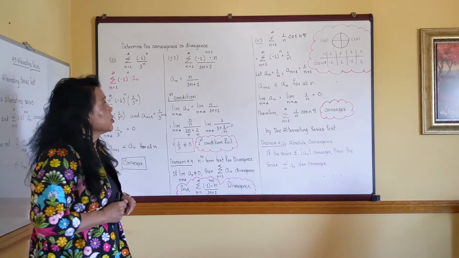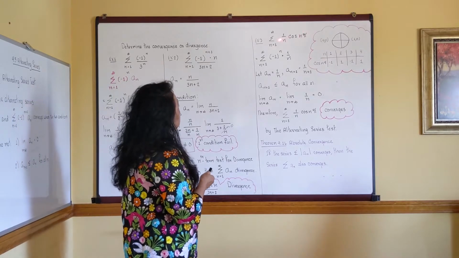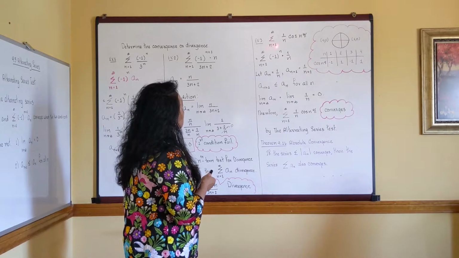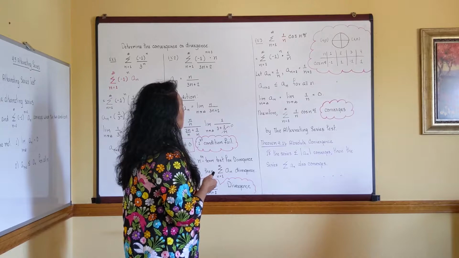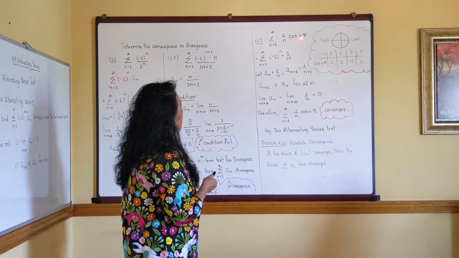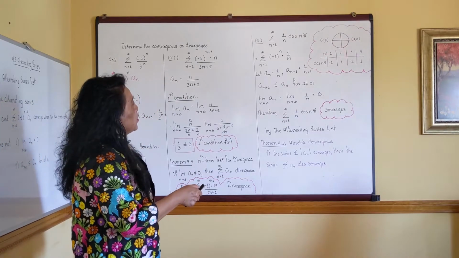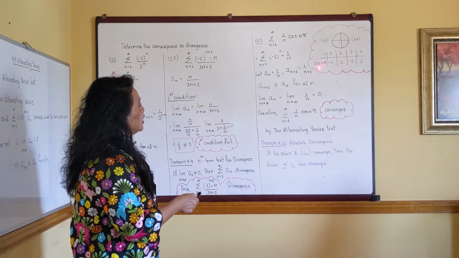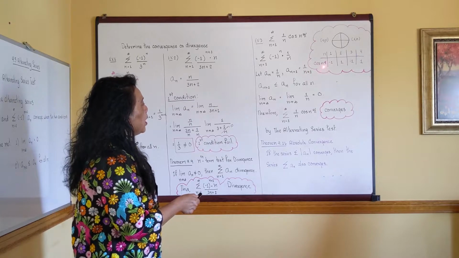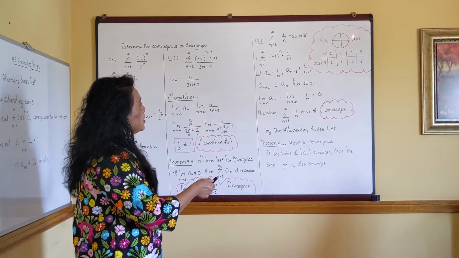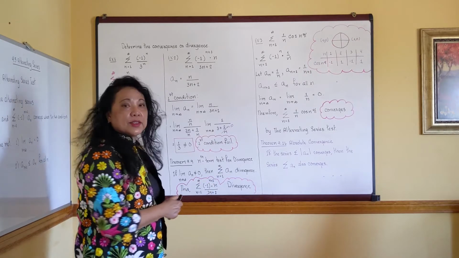I have a trig function here. I have sigma n from 1 to infinity of 1 over n cosine of n pi, where n is an integer. I make a little table here. When n is 1, you have cosine of pi, which is negative 1.